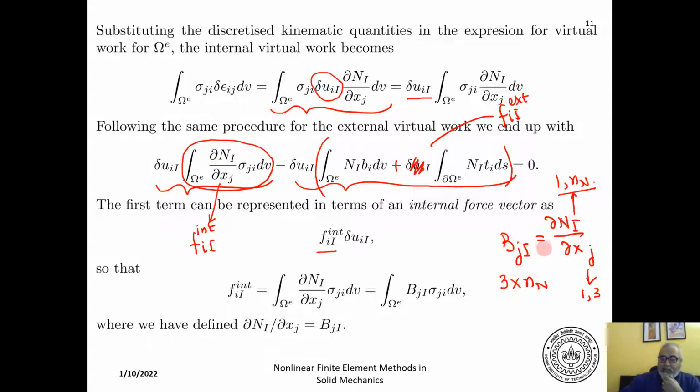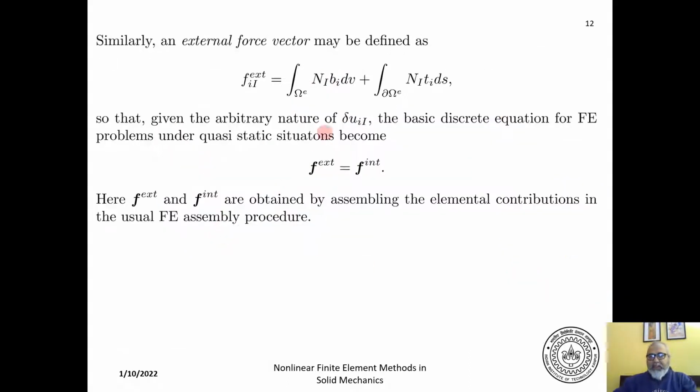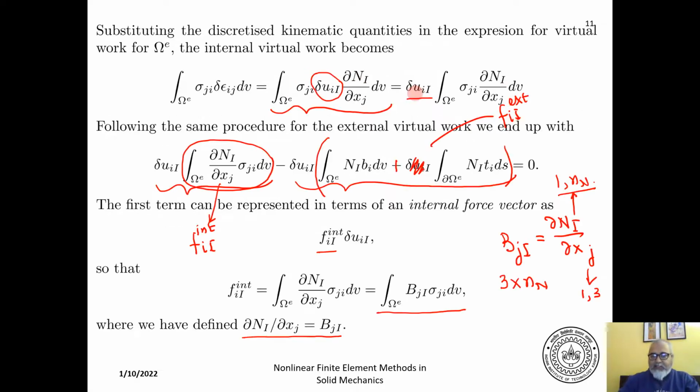If you want to replace it with a matrix form, this is 3 cross nn, not 3 cross 3. Please be careful about that. So we have defined this new tensor, and in terms of the new tensor, this is what your internal force becomes, and this is the work done by the internal force. Similarly, the external force is this, as I have mentioned here.